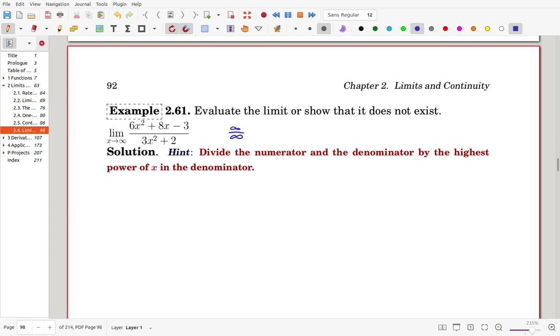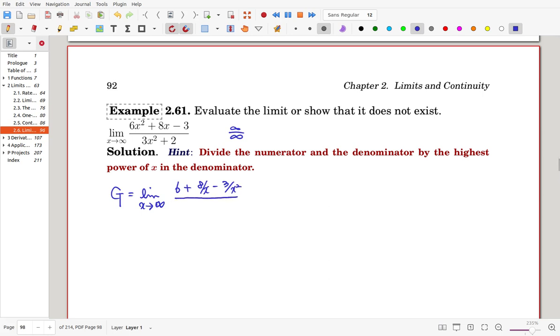So we divide top and bottom by x squared. The given limit is the same as the limit as x goes to infinity. Dividing the top by x squared, the first term will be 6, the second 8 over x, and the last 3 over x squared.